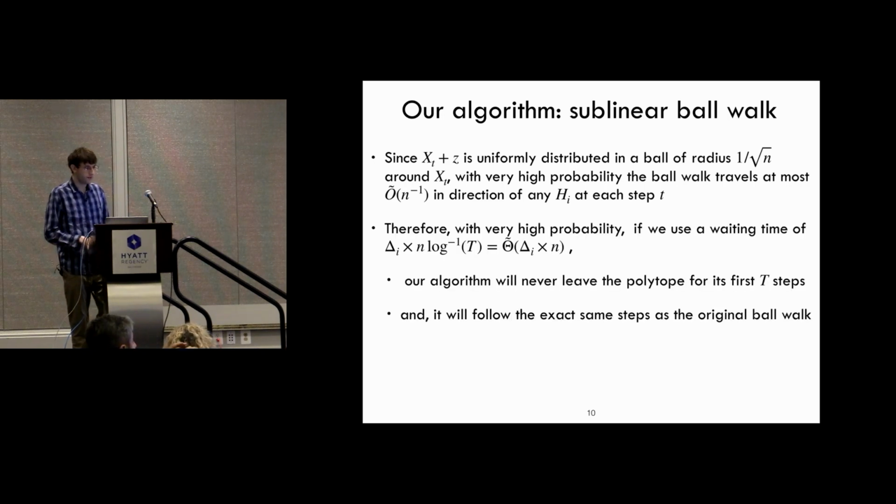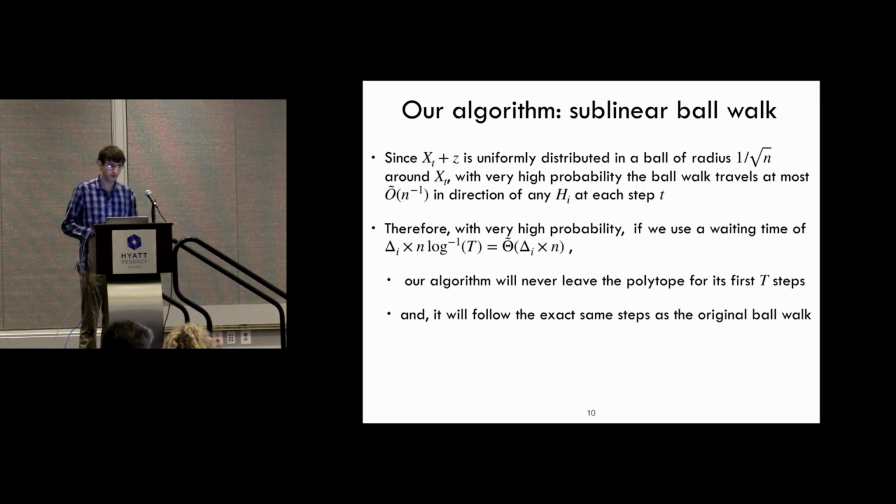So this implies that with very high probability, if we wait roughly delta I, where delta I is the distance that we computed to the hyperplane, times n ball walk steps before recomputing that distance, then our ball walk will not leave the polytope for a very long time with high probability.